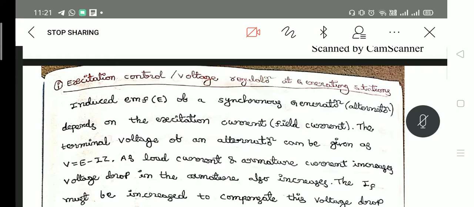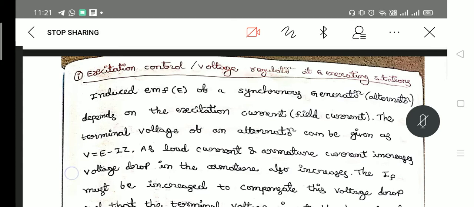The terminal voltage in the synchronous generator is V = E - Iz. We know that as the load current and armature current increase, the voltage drop also increases, right?